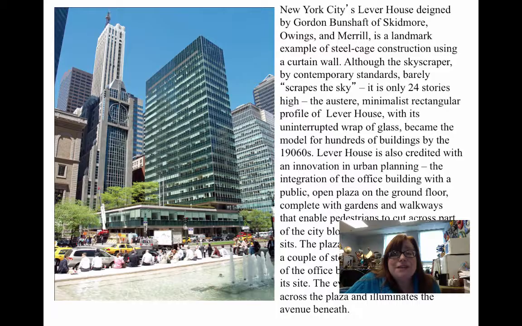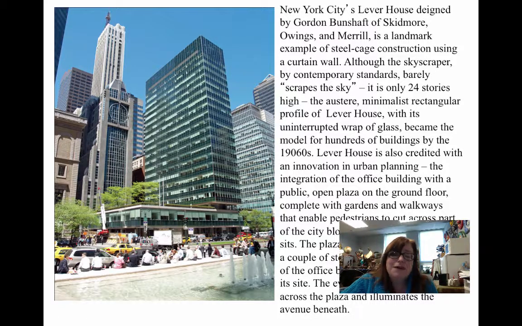And the other thing it did is they integrated the office building with a public area. Down here on the first floor, you've got an open plaza, and on the roof, actually it's the first couple of stories, there's a garden and there's walkways, so people can cut through here and cut across part of the city block on which the building sits.